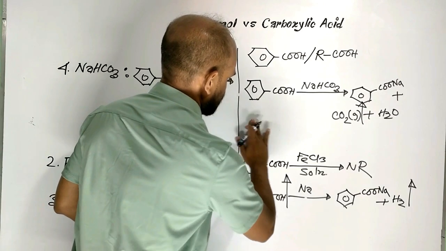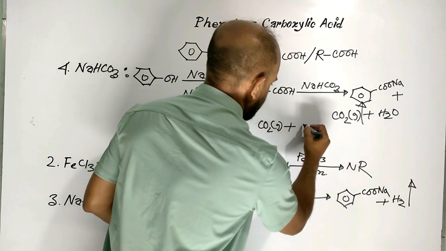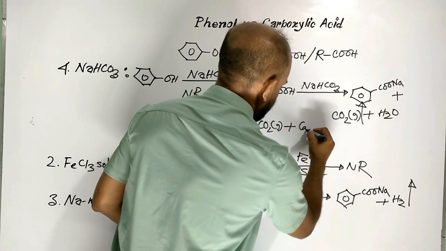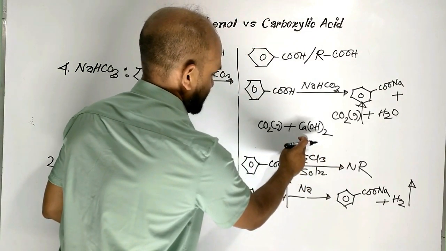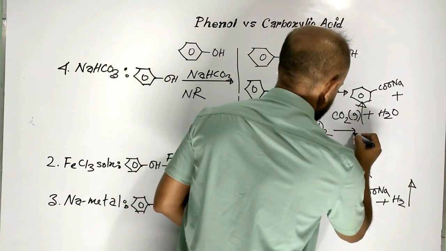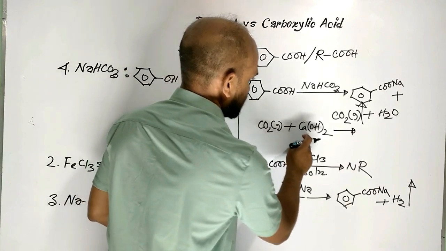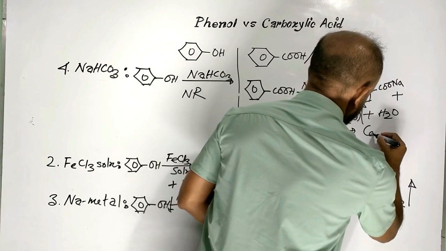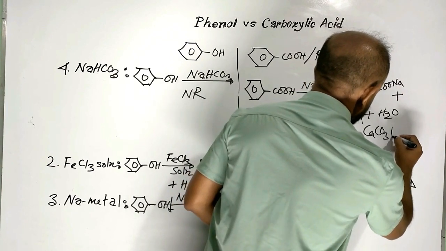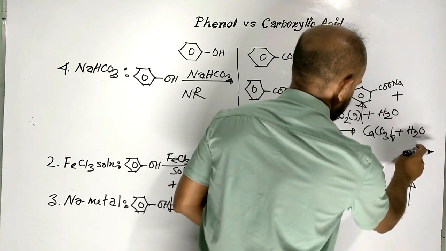Carbon dioxide gas is passed through transparent solution of calcium hydroxide, lime water. Then transparent solution of calcium hydroxide turns into milky, that is, calcium carbonate is formed and water is formed.